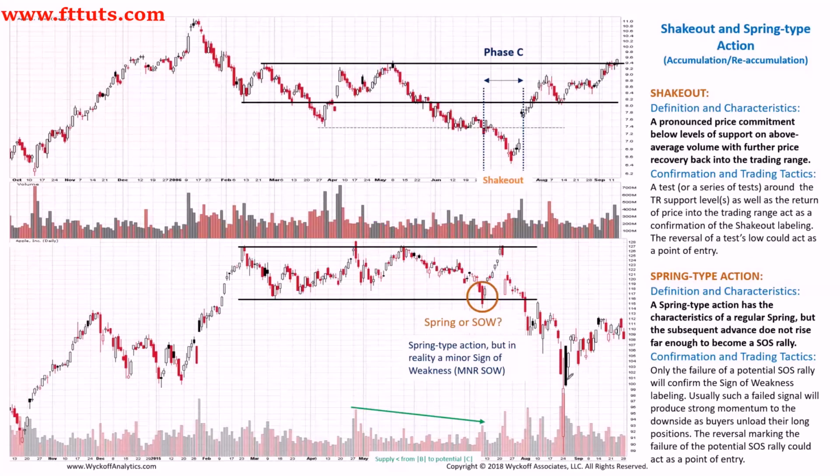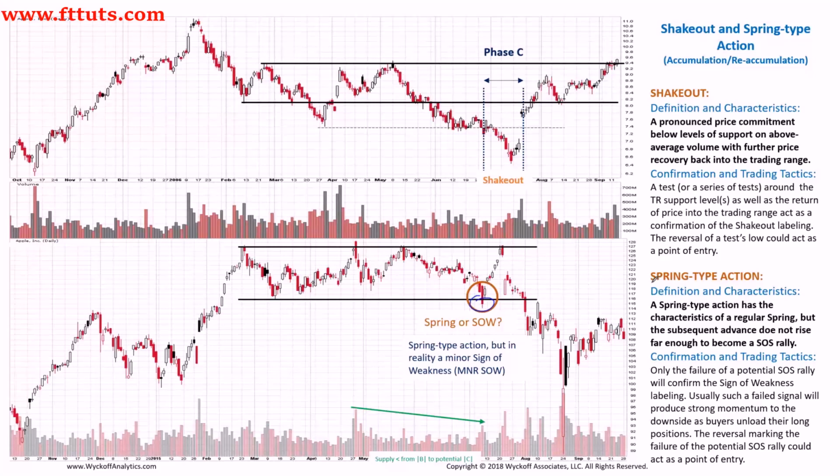It would have the same characteristics, where supply is diminishing going into the spring, where the commitment below the support is just temporary, and just so perfect how it sprinted like this and then came back the next day with the gap up. Educators like Gary Fullwood, David Weiss, Gary Dayton, they would be talking about this as a spring, and rightfully so. It is a spring. It acts as a spring.